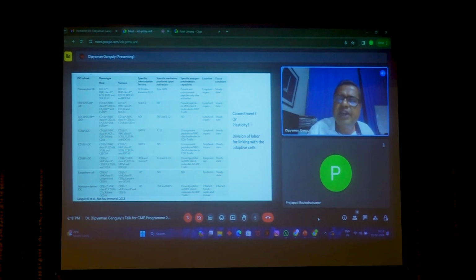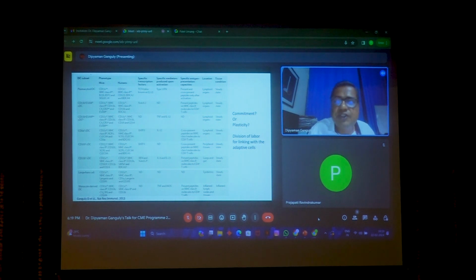And also, there is a very interesting division of labor among these conventional dendritic cells. For example, PDCs I already talked about; the major function is producing type 1 interferons, and type 1 interferons have a major role to play in maturing B cells and antibody producing B cells. There are CD11b positive cells in mice, which in humans we call BDCA1 positive cells, and they have specific transcription factor master regulators, and they are mostly presenting antigen to the CD4 T cells based on MHC class 2 peptide loading.